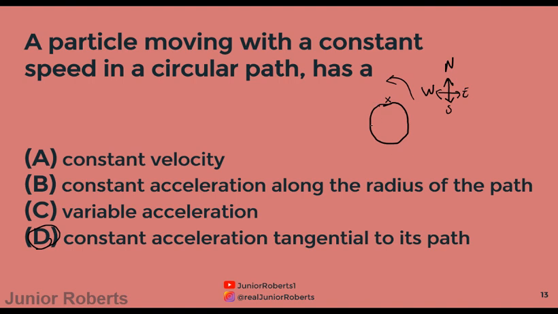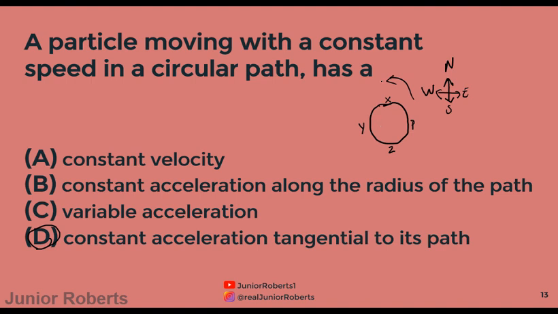Now, when it is right here, let us call this Y, it will want to move south. When it is right here, let us call it Z, it will want to move towards the east. Then when it reaches right here, let us call this P, it will want to move north. So what we realize is that the direction is constantly changing.